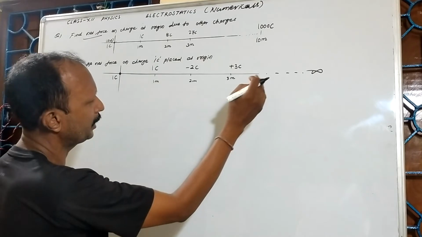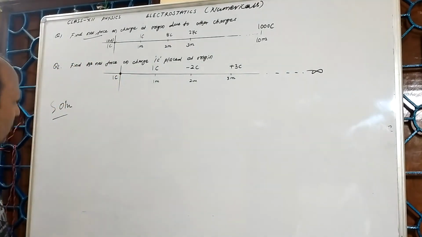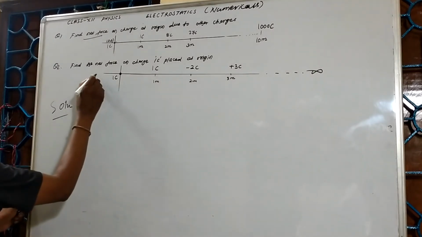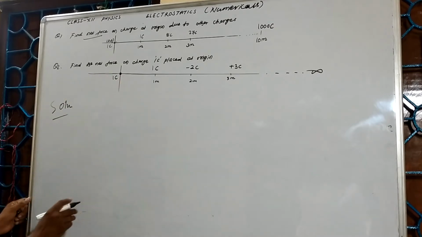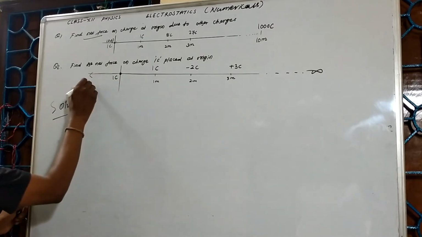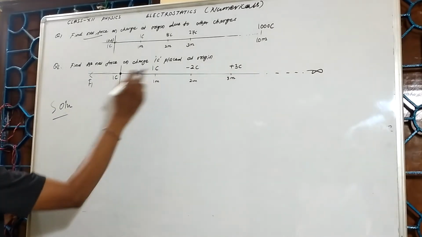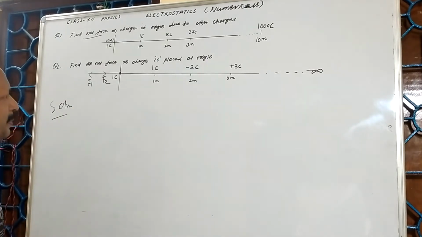That means alternately it is given up to infinity. We have to calculate the net force on the 1 coulomb charge. Here the force will be, suppose, F1. The second force will be attractive, that is F2. Like that it is mentioned.